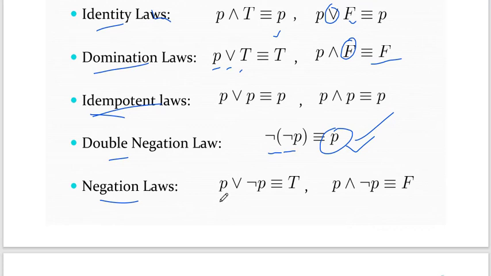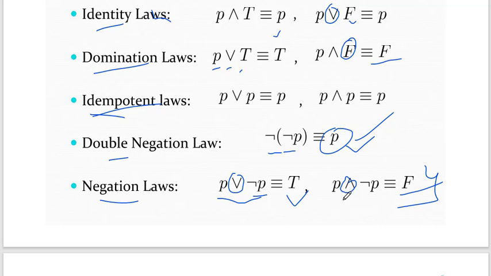Negation law. We have already seen these types of examples. P or negation P will always be true. Why? Because one of them is true. And P and negation P will always be false, because one of them is false.